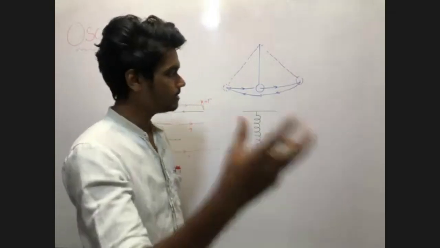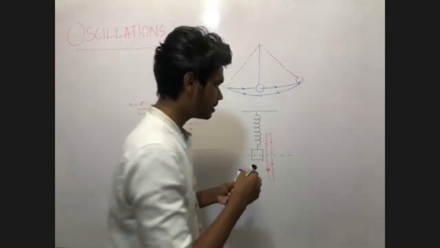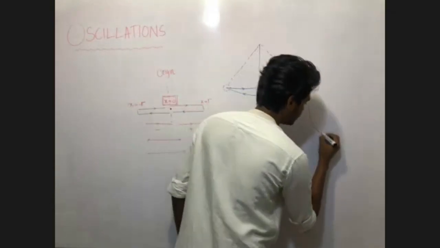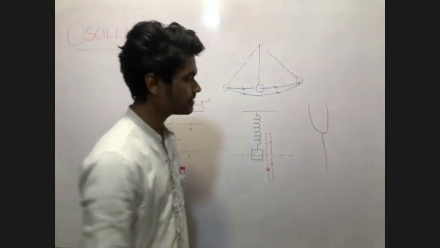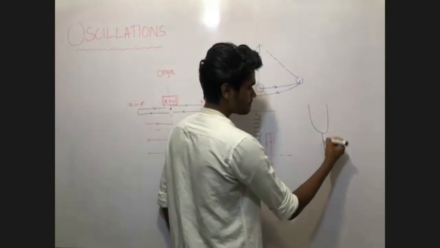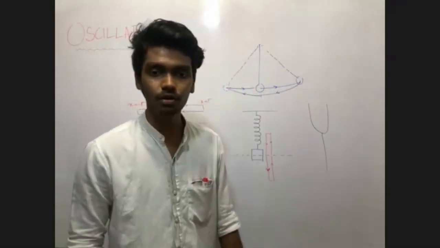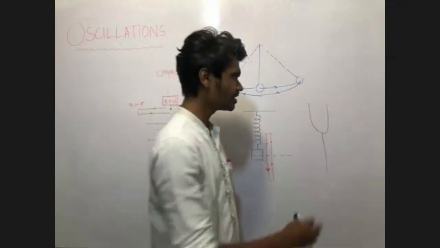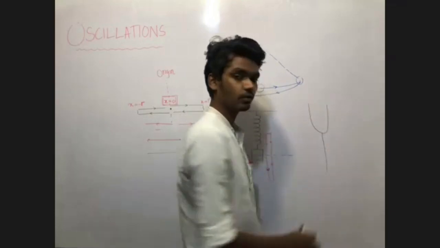And another example is a tuning fork. These are the two arms of the tuning fork.